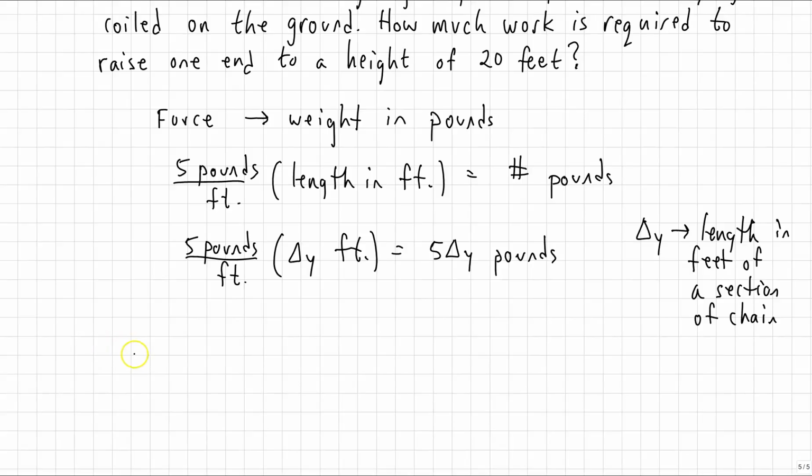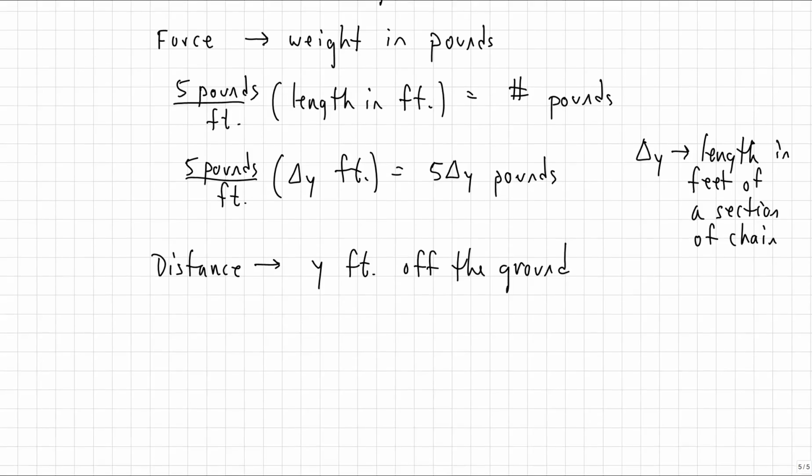And then our distance, since it's coming off the ground straight up, is just going to be y feet off the ground, since the ground is like 0, like the x-axis, and we're lifting it straight up.